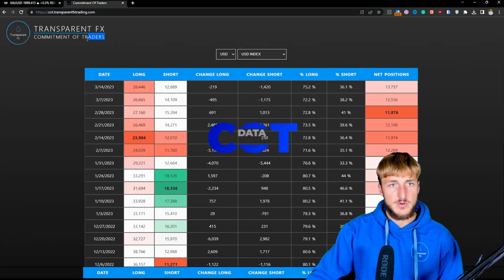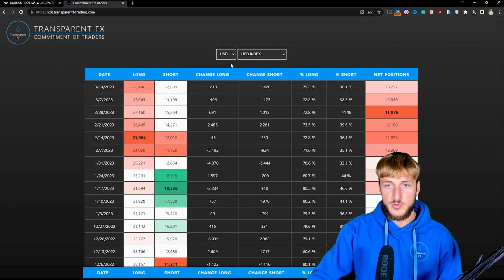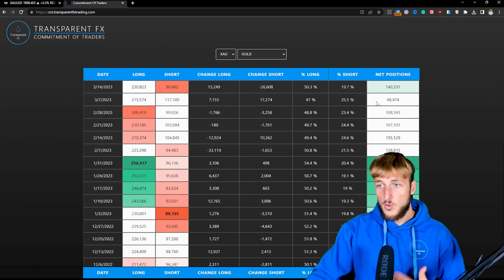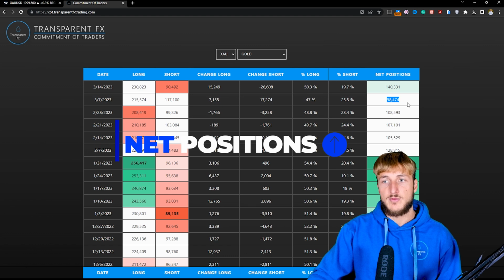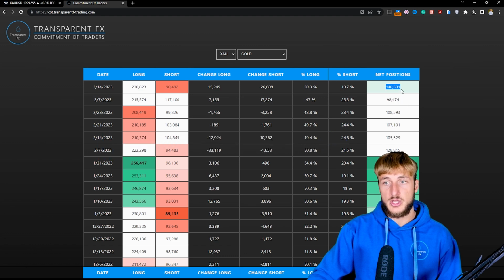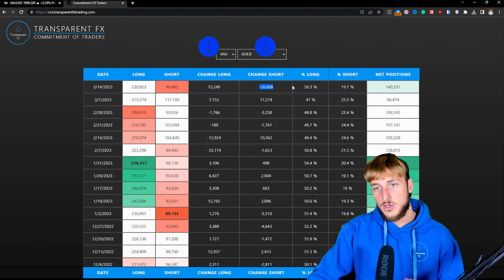Now, if we go and see what we have when it comes to the commitment of traders, so the COT data, which is what the non-commercials, so the biggest speculators in the market are doing, and we check the data for gold, what we can see is that with the last report, we had a huge increase of the net positioning. We went from having 98k net positions all the way up to having 140k net positions, showing how institutions with the last report added 15.2k longs and closed 26k shorts, so 26,000 shorts closed from an institutional perspective and 15,000 longs getting added.